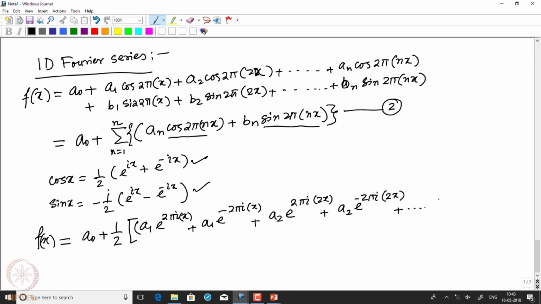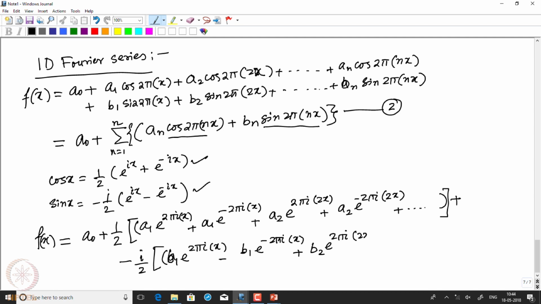This corresponds to the a terms, plus the b terms, which will have the minus i by 2: b1 e to the power 2 pi i x minus b1 e to the power minus 2 pi i x plus b2 e to the power 2 pi i 2x minus b2 e to the power minus 2 pi i 2x, and so on.